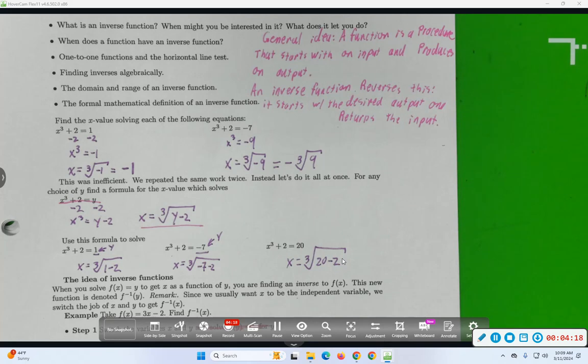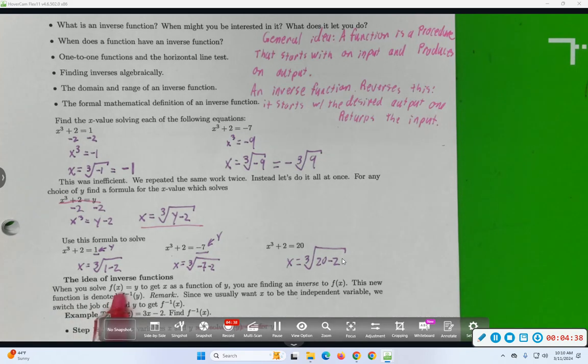If you have a bunch of really similar equations that you want to solve for that variable x, you're probably interested in undoing this stuff that involves the x. That's what the inverse function does. So let's write down what the inverse function is.